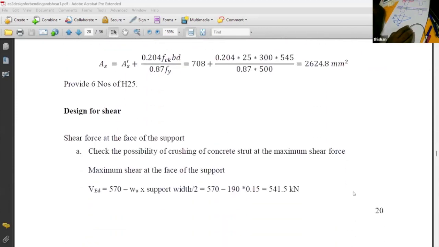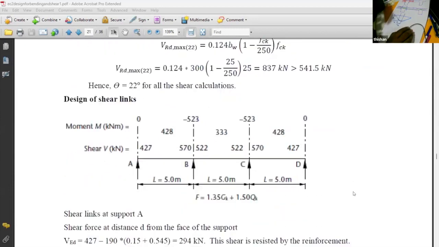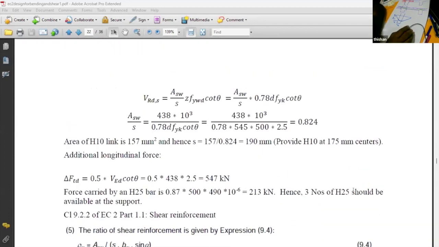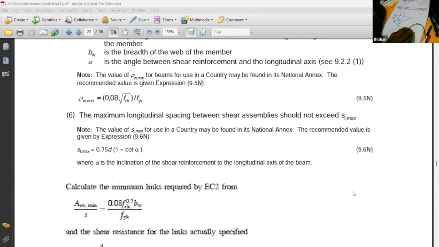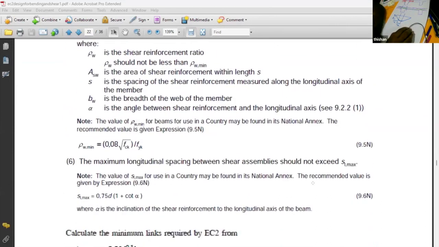If somebody goes through this note, you can learn a lot because there are design examples as well. There's one small mistake in one of these equations, but I showed the place. Today we'll skip it. And then how to find the minimum reinforcement of links and so on.